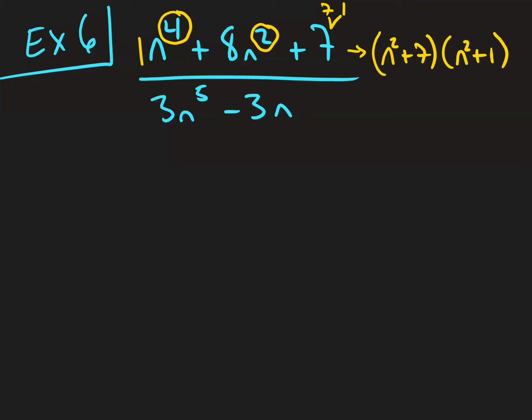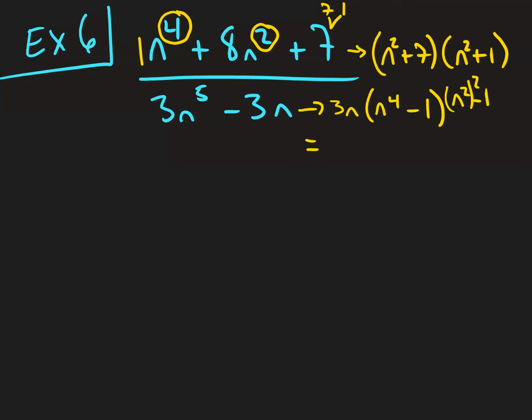Now, our denominator is going to also be a pretty simple factoring job. In this case, I can just factor out a greatest common factor of 3n, meaning that my denominator will end up being factored as 3n times n to the fourth minus 1. Of course, n to the fourth minus 1 is a difference of squares. It's like n squared, squared, minus 1.